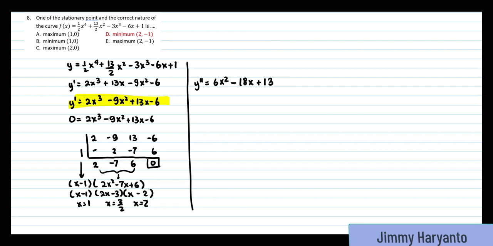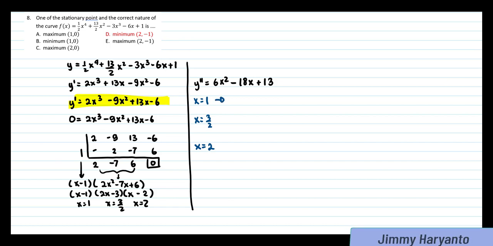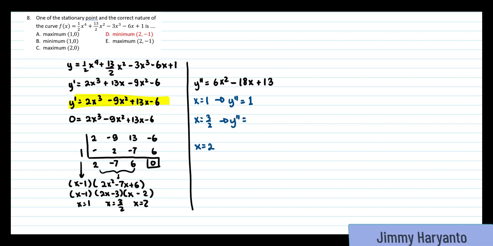After that, let's find the nature for each of the x values, 1, 3 over 2, and 2. For 1, y double prime equals 6 minus 18, which is negative 12. For 3 over 2, y double prime will be 6 times 9 over 4 minus 18 times 3 over 2, and then plus 13. This one is negative 27.